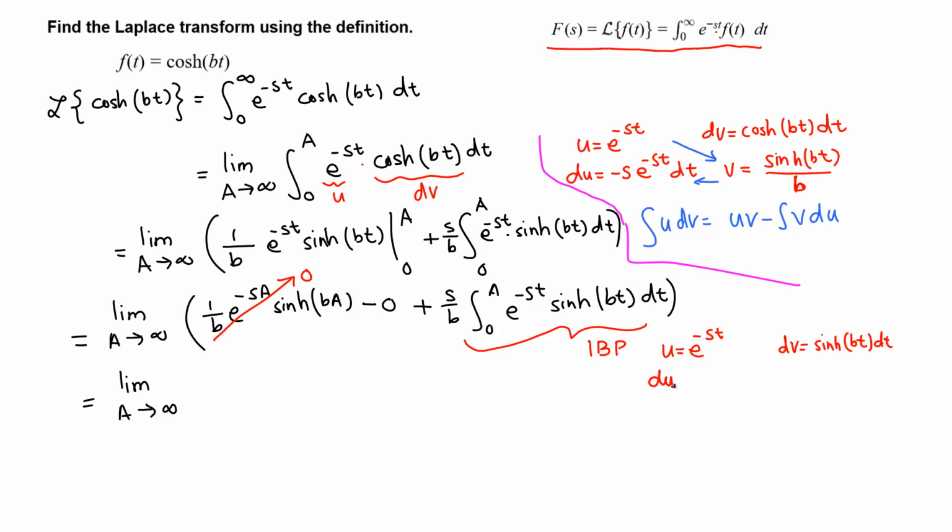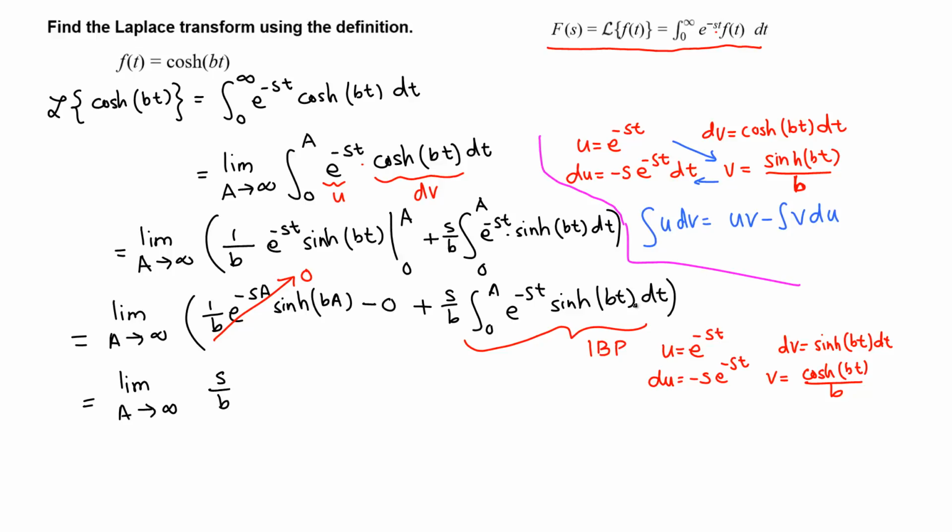So du, with respect to t, the derivative is negative s e raised to negative st, and v is the antiderivative of sine hyperbolic, which is just cosine hyperbolic bt over b, no negative though. So we have now, this part is gone, this is 0, so s over b.